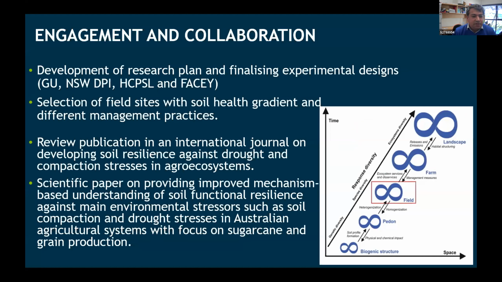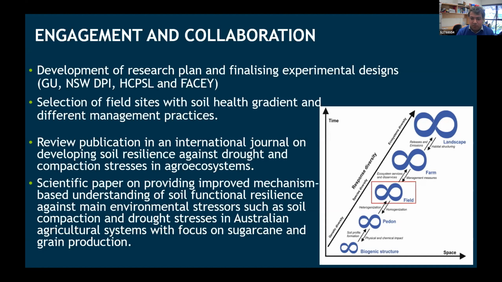So what we have done till here, we had different meetings with the research providers, the farmers community and farming cropping systems to design different experiments. We selected different field sites, both in Western Australia and North Queensland, under different gradients of management practices for our experiments.